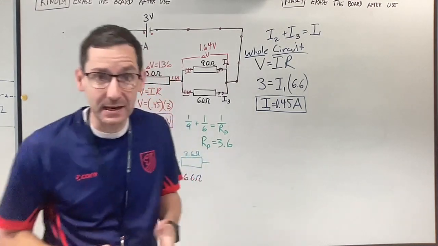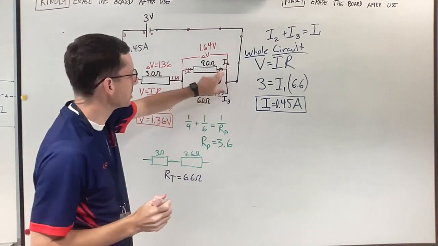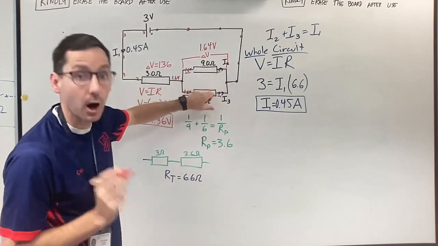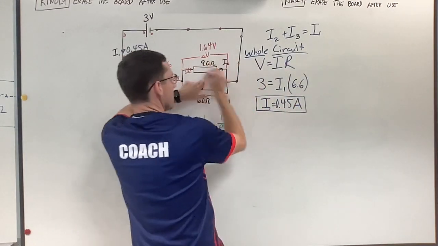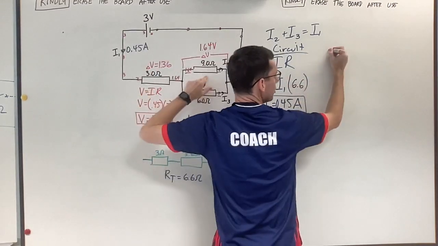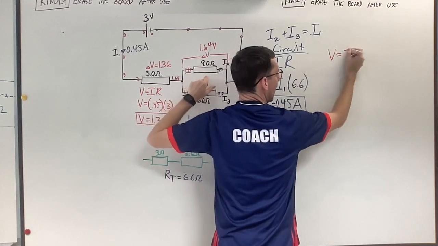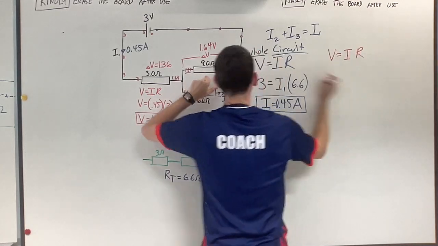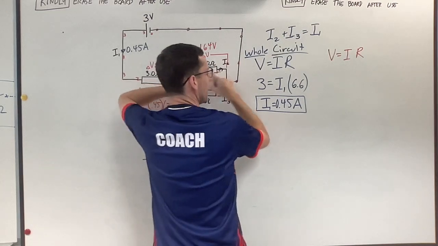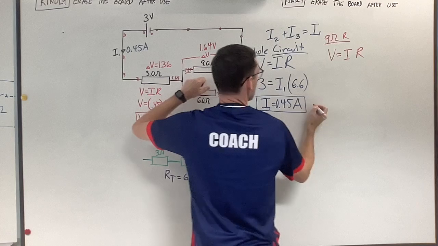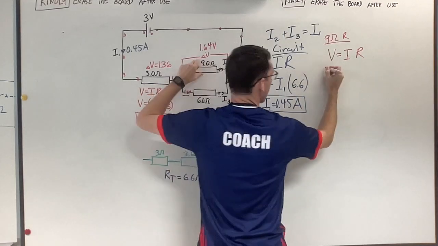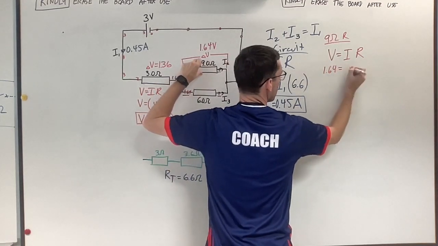So with that then, I can now find the current going through each of those components, all right? I'm going to do the second one right here. This is I2. So I'm going to do V equals IR for the second one, okay? So this is for the 9 ohm resistor. So the potential difference is 1.64.